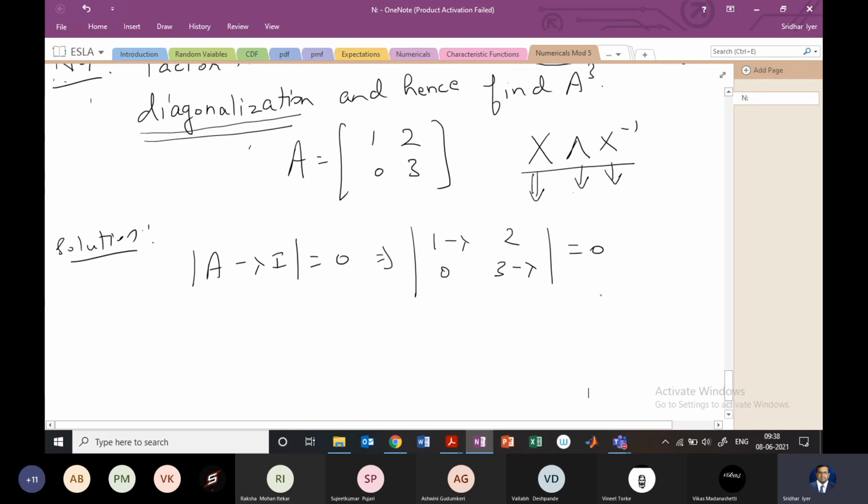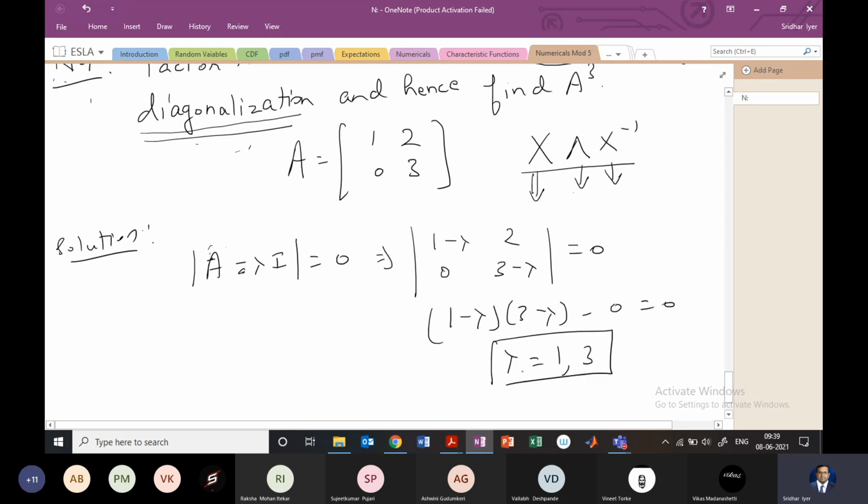You can solve and let me know. It's very simple. When you multiply this matrix, you have 1 minus lambda times 3 minus lambda, minus 0, equal to 0. Therefore lambda is just 1 and 3.